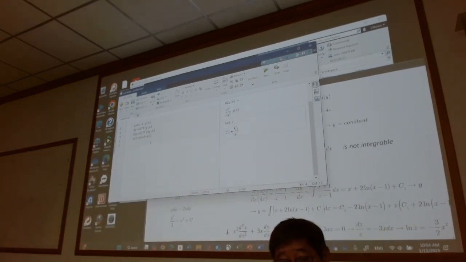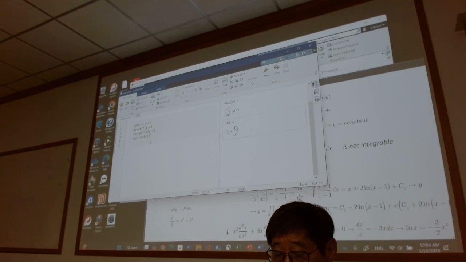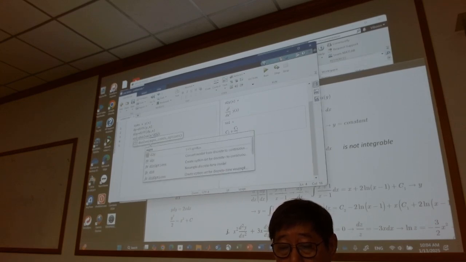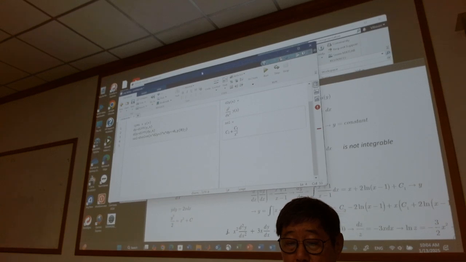And sometimes you can try this one, right? x squared d²y plus 3 multiplied by x multiplied by dy equal to 0. y(0) should be equal to, let's put c1.